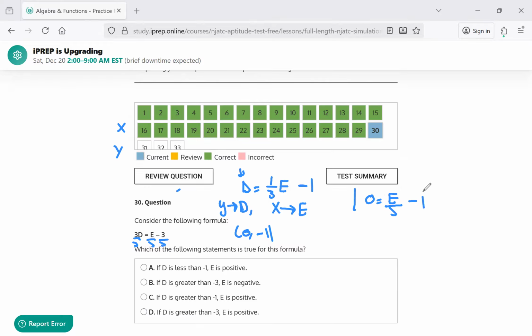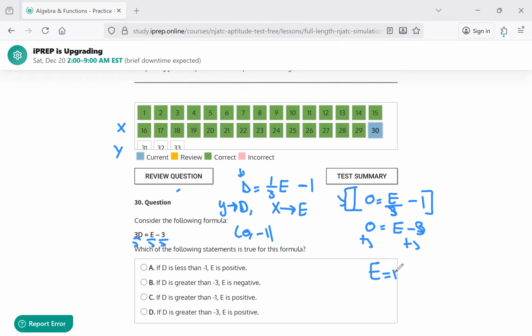And then get rid of the fraction, so you're going to multiply everything by 3. So you get 0 equals E minus 3. And then you solve for E by adding 3 to both sides. And you get E equals 3.